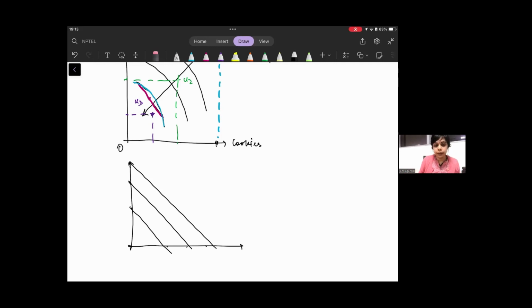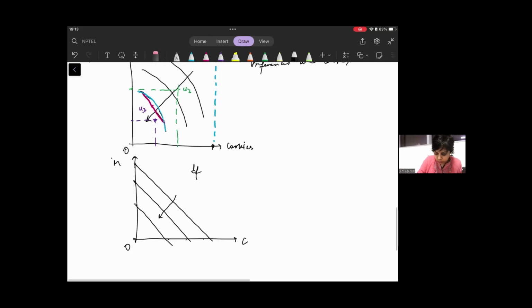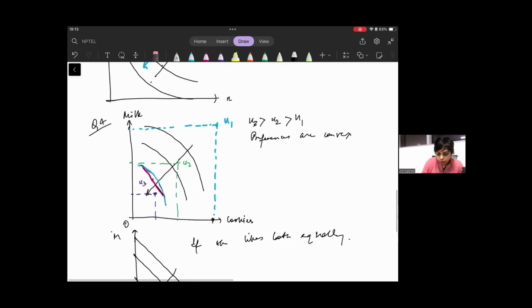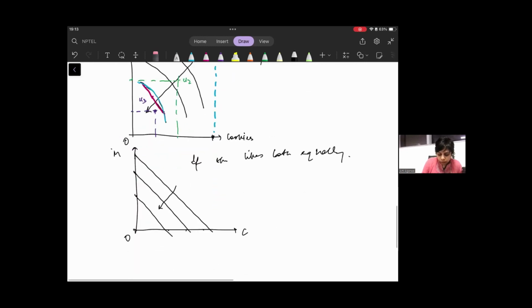And because the utility is increasing towards origin, just the arrow will reverse. Okay, this may have been a point of question in your mind. The arrow is going to be opposite, the curve is going to be the same if she liked both equally. She does not like both equally given the current scenario. Okay, let's move on.